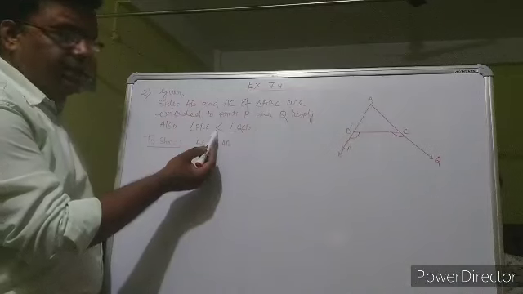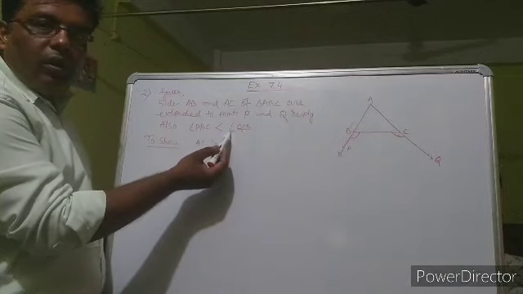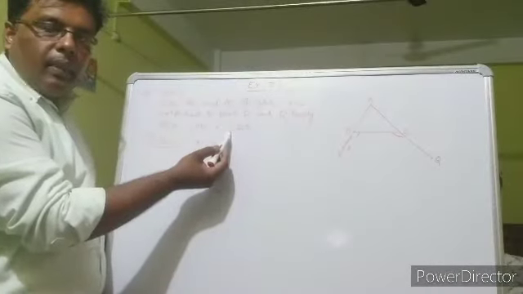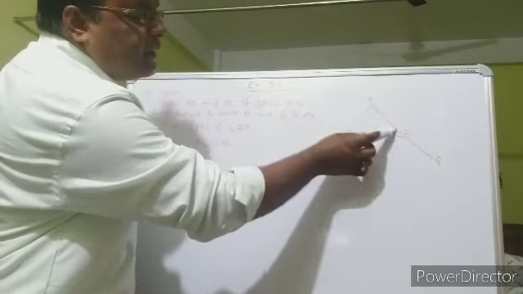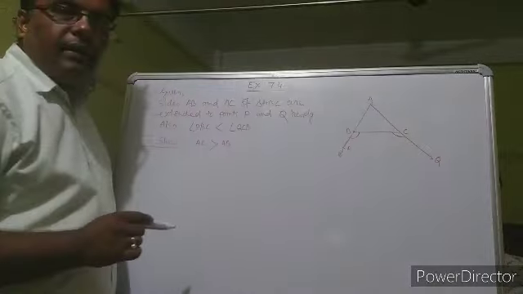So this is the sign for less than and this is the sign for angle. Now I have to show that AC is greater than AB.